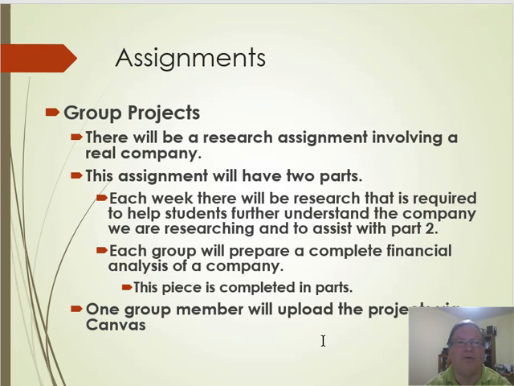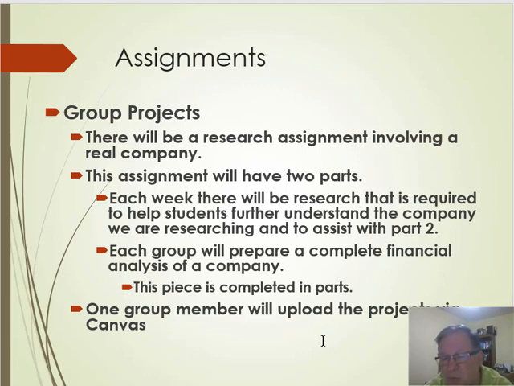As far as the group projects are concerned, there are really two parts to this. Each week there'll be some research that's required to help further understand the company that we are researching. We're going to actually look at a real company, and we're going to first start some data gathering. And along the way, we're going to use that data to help us with the second part of the projects, which is we're going to prepare a complete financial analysis of the company.